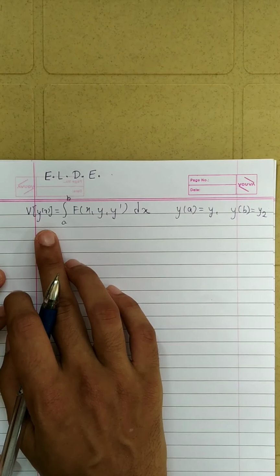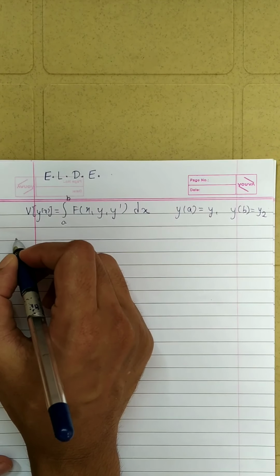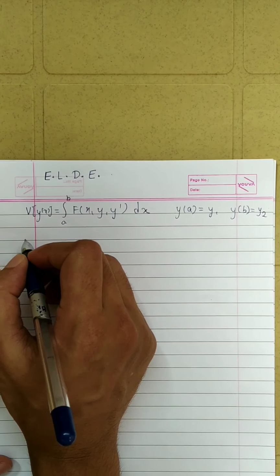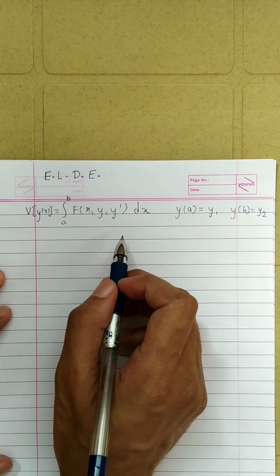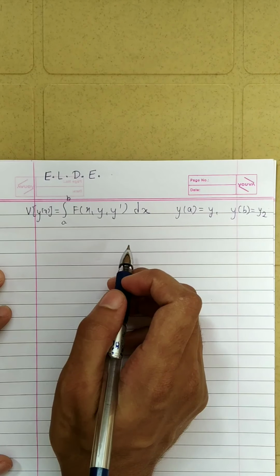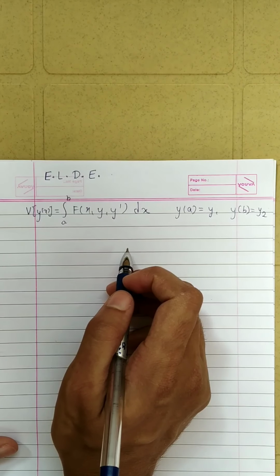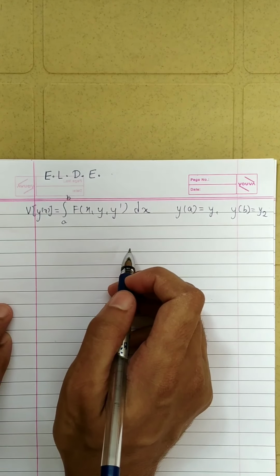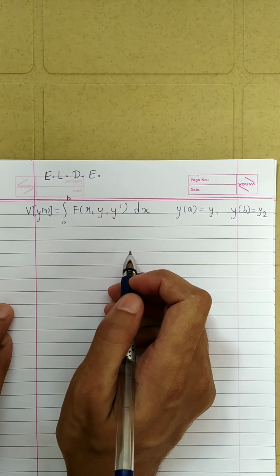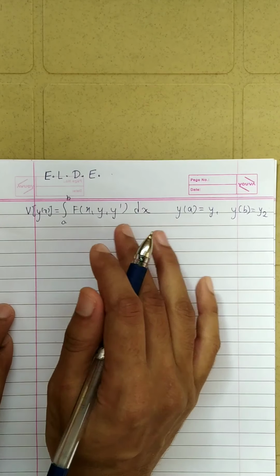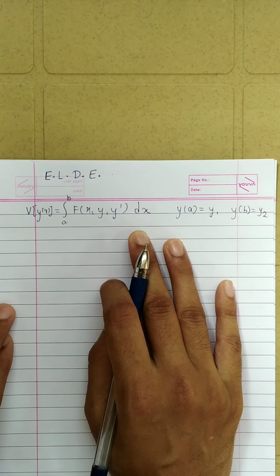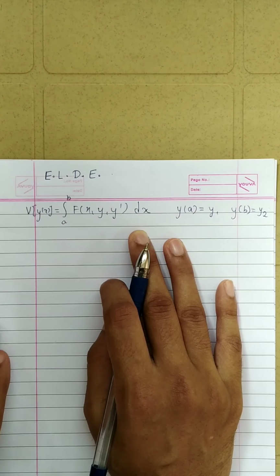suppose on the curve y equal to y of x, this functional attains the extremum. Extremum means what? It can be either a maximum or a minimum. So if on the curve y equal to y of x, this functional attains an extremum, then that y of x will satisfy the Euler-Lagrange differential equation.